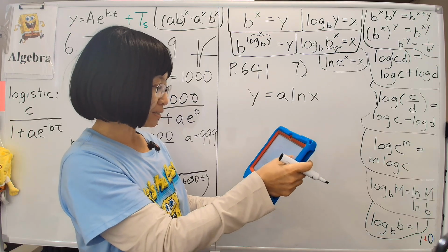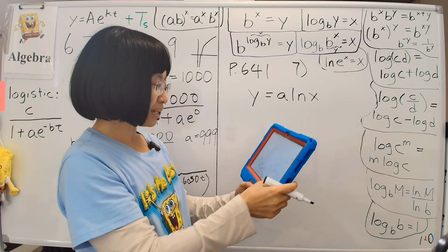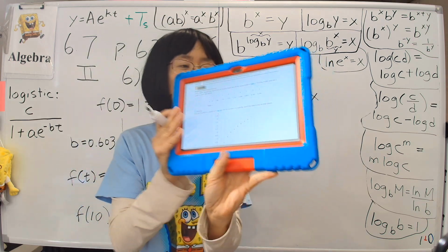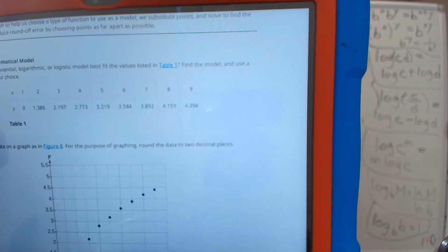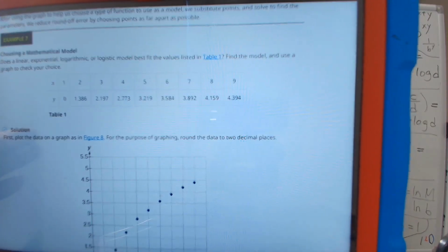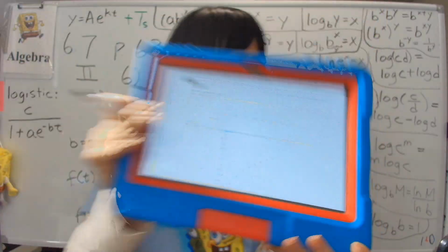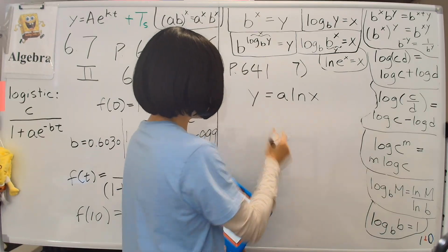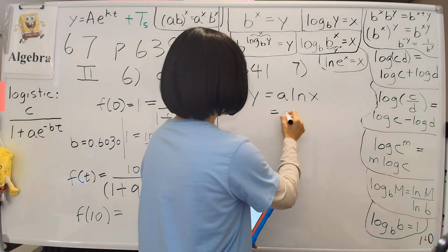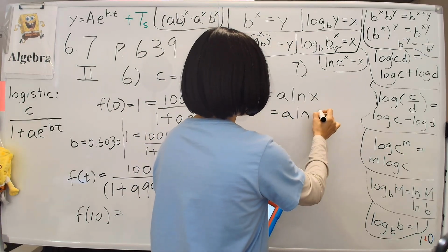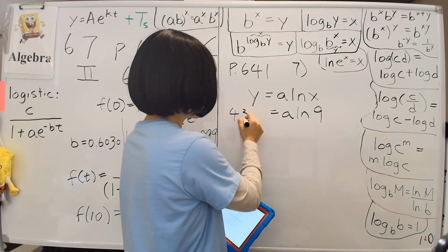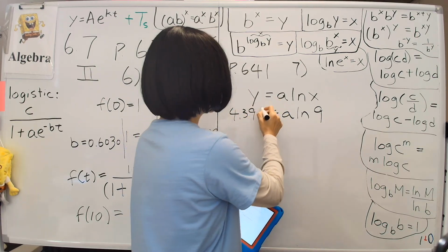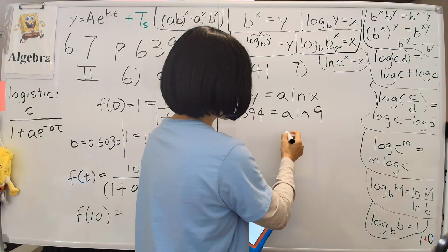We'll pick the last one. It says right here when x is 9, y is 4 point whatever. So when x is 9, natural log of 9, y equals 4.394, right? With that information, we'll calculate a.